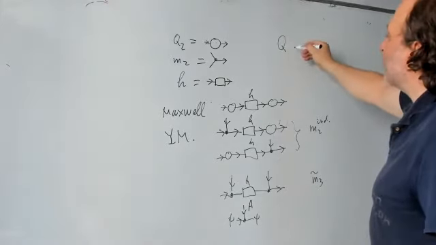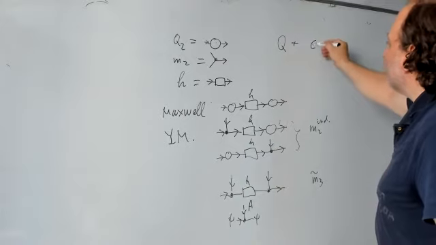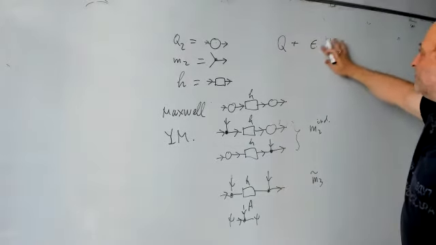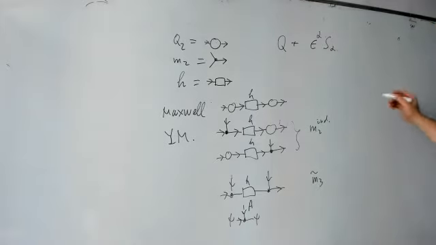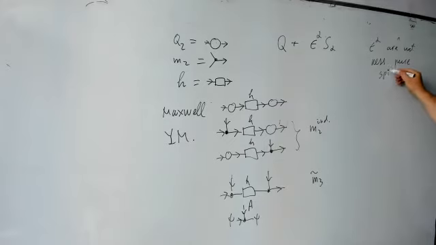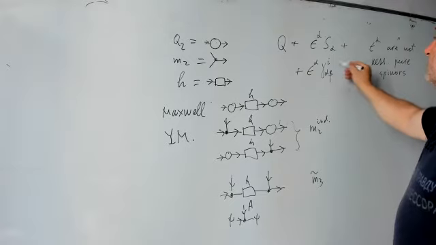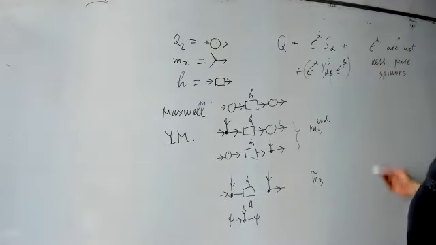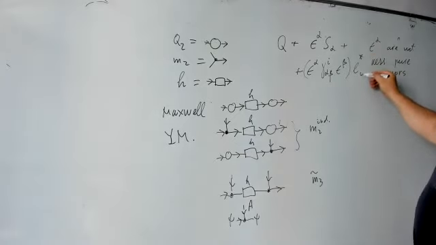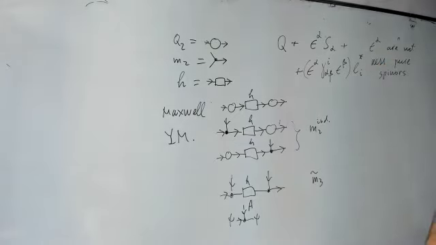When we speak about supersymmetry, it's better to say that we have Q plus epsilon alpha S alpha, and now epsilon alpha are not necessarily pure spinors. And this is the ghost for translations.